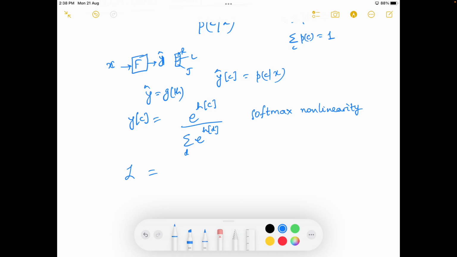What is maximum likelihood here? You can say that we can maximize the probability that we are predicting class C given class C, something like that. You are close to the answer, but not really.